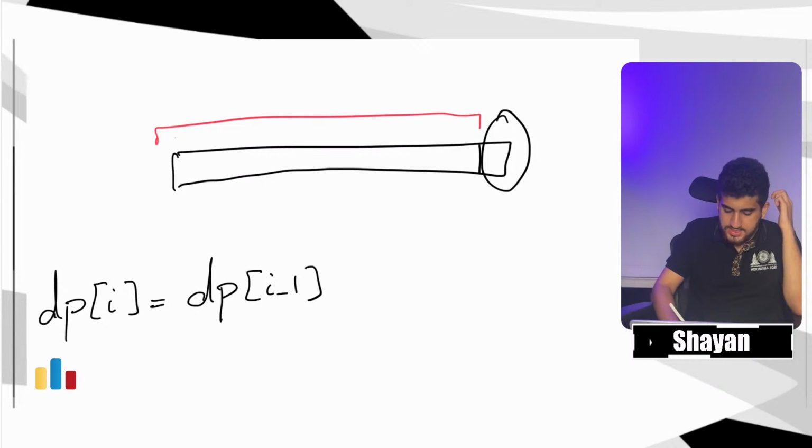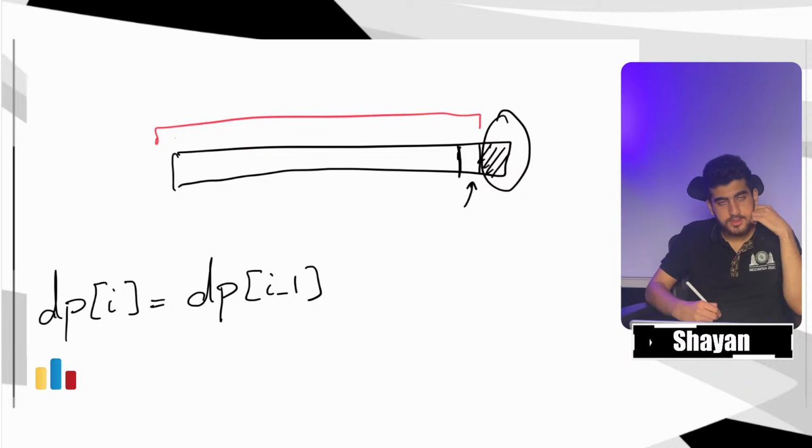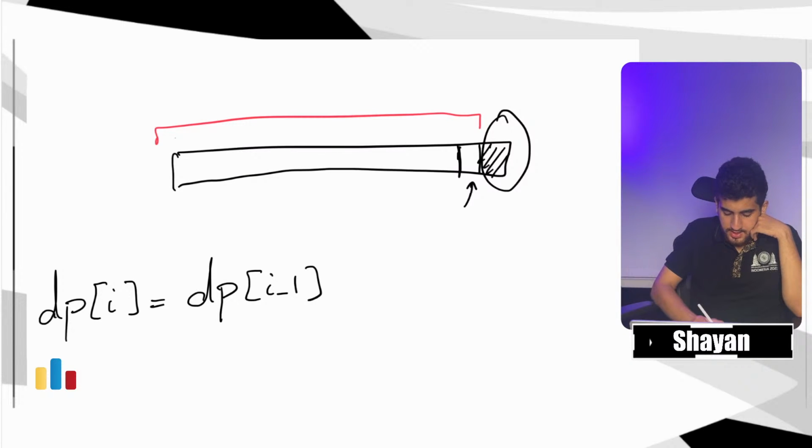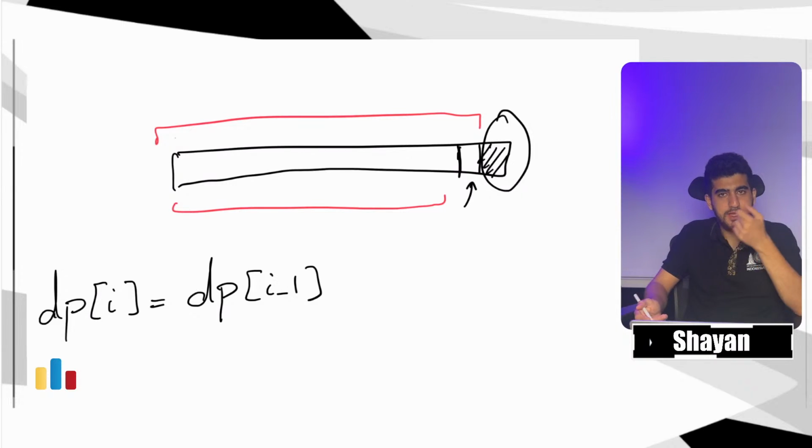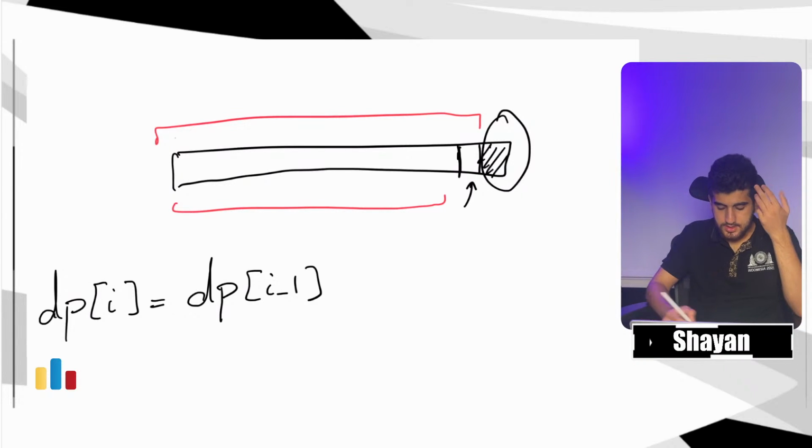The other case is that the last cell is black. If the last cell is black, the cell before that is going to be white, and therefore we are going to have i minus 2 cells left. When the last one is black, the one before that must be white, and i minus 2 cells will remain. Why does the one before that need to be white? Because if it is black, then we have 2 consecutive black cells, which is a contradiction.